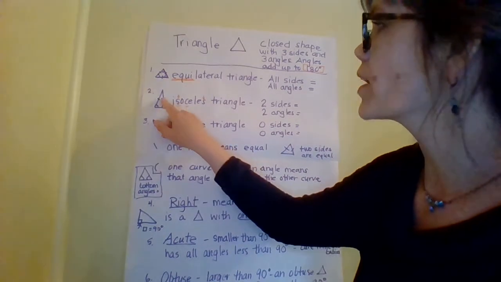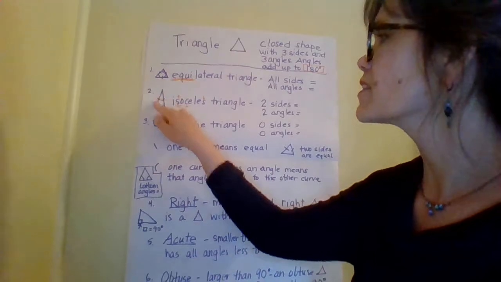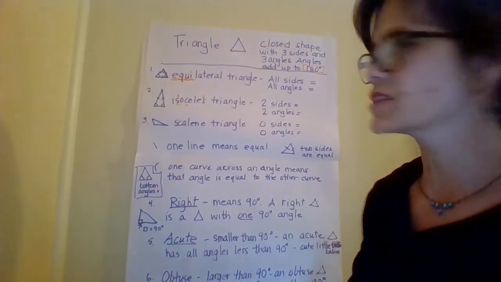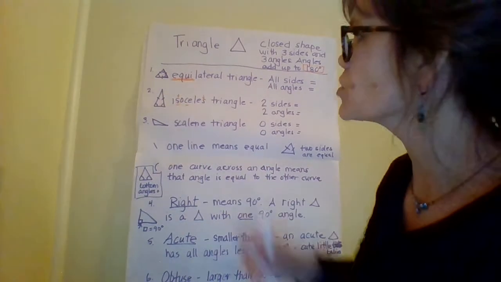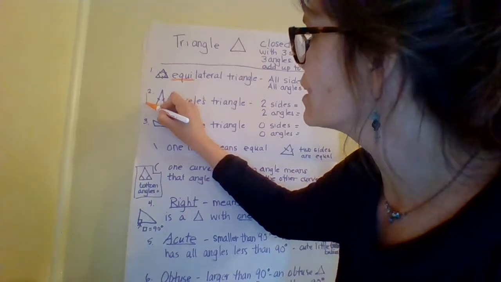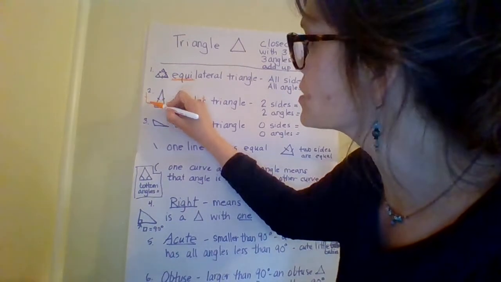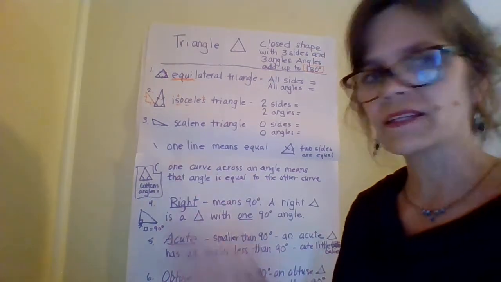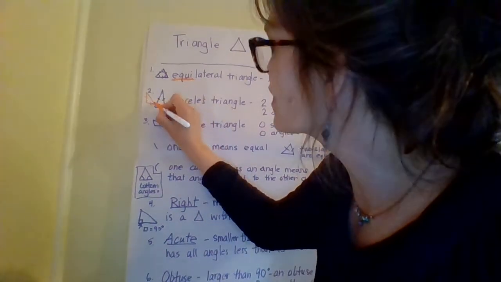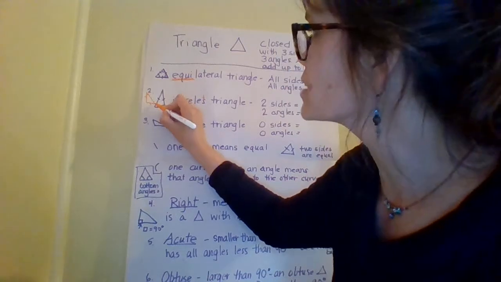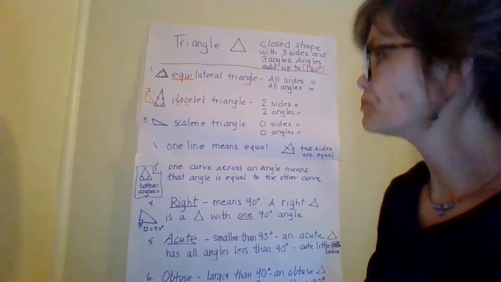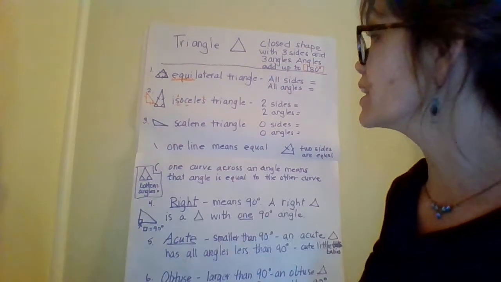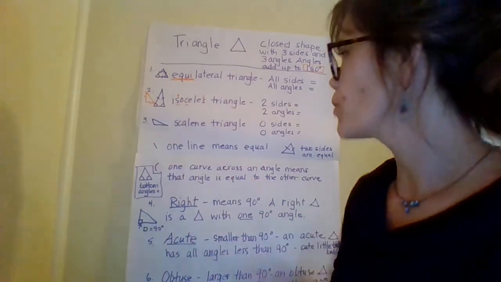In an isosceles triangle, that little line means that these are the two sides that are the same. And an isosceles triangle can also be like this, where the two sides that are the same are in a different position. But that doesn't change that the angles where it meets the third side are the ones that are the same. Okay, then scalene has no sides the same, so there's no markings on it.